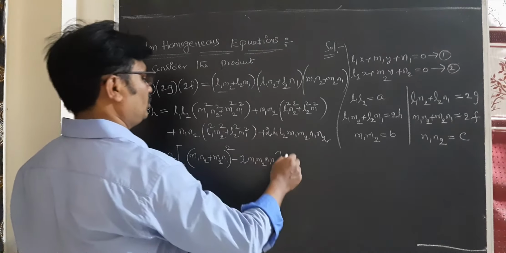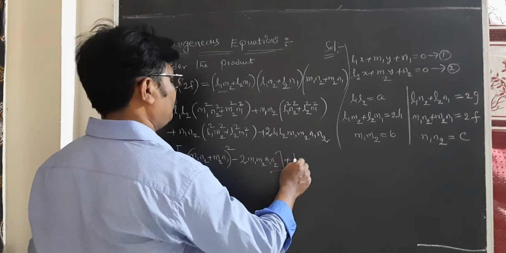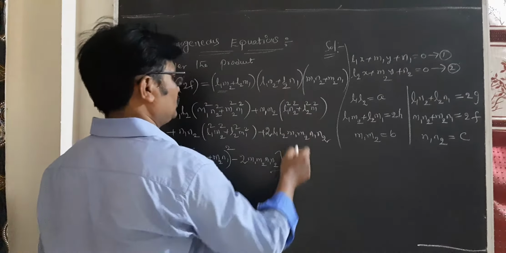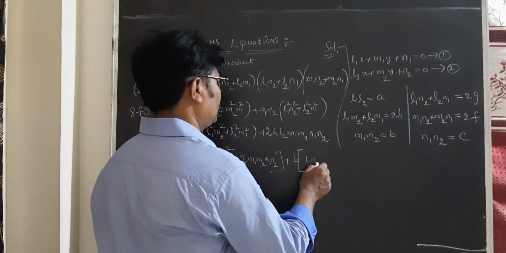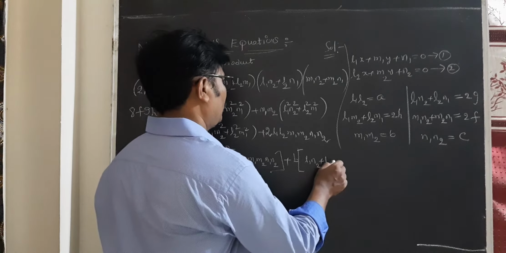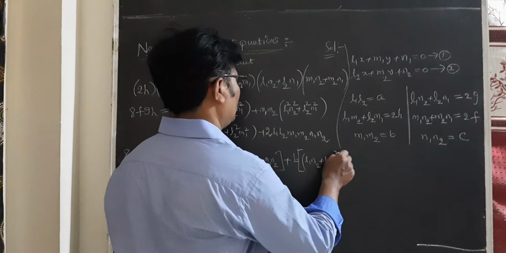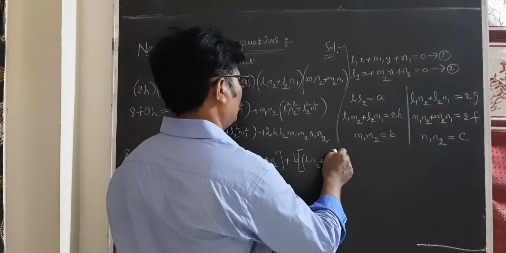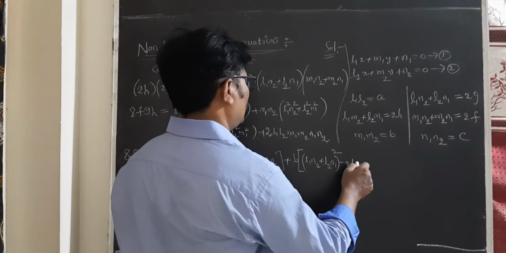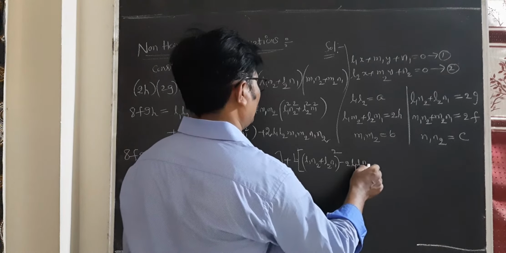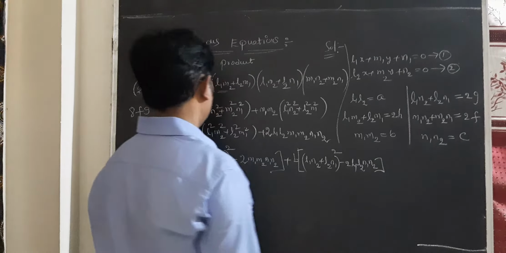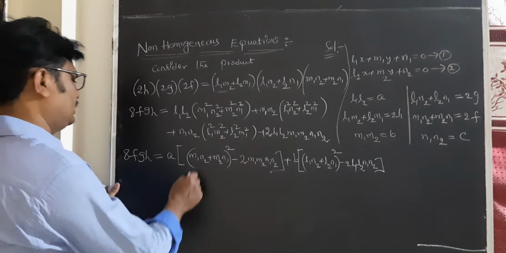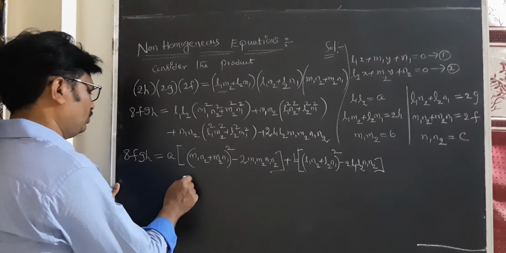After that students, we are taking M1 M2 as the b. Therefore now this can be written as L1 N2 plus L2 N1 whole square minus 2 L1 L2 N1 N2. Now we can write N1 N2, what is N1 N2?